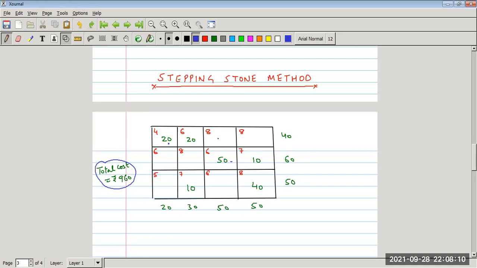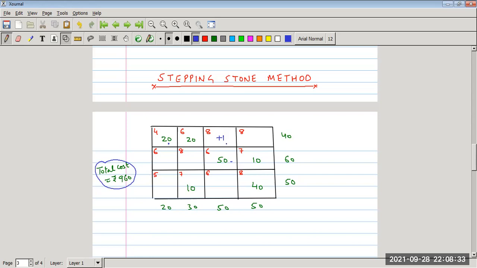So let us suppose we allocate one item in this point. Now what happens? The number of allocations becomes 1, 2, 3, 4, 5, 6, 7. Now it forms a loop. What do we have to do? We have to break the loop. So how can we break the loop?